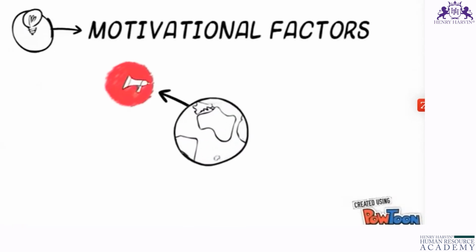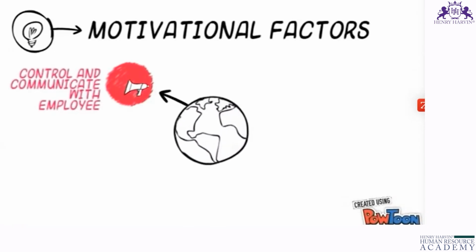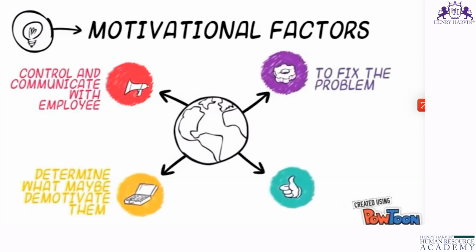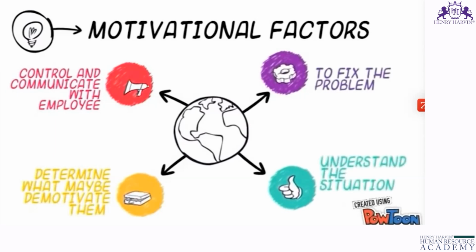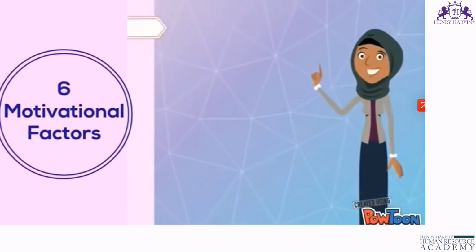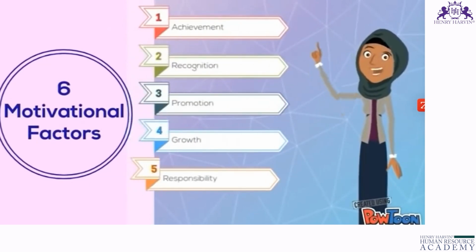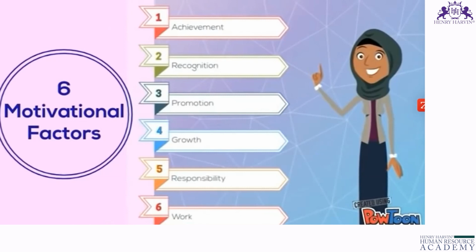Motivational factors need to be controlled and communicated with the employees in order to determine what the causes of demotivation are, so that we can fix this problem as well as understand the situation. And then, we can begin to motivate. Motivational factors include achievement, recognition, promotion, growth, responsibility, and work.